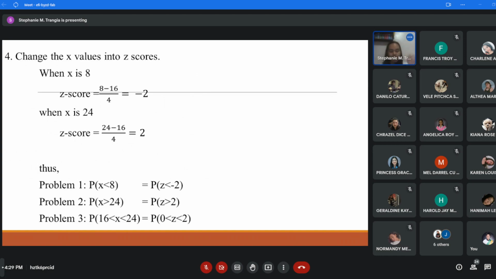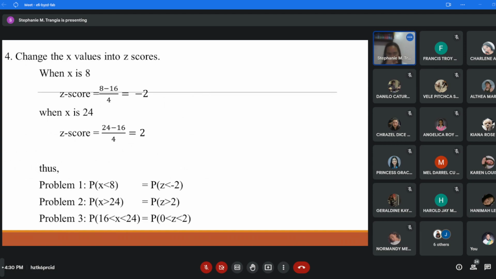So now, from a normal distribution with any mean other than 0 and standard deviation any value other than 1, we have probability of x lesser than 8. It becomes a z-score with a mean of 0 and a standard deviation of 1. So from probability of x lesser than 8, it becomes probability of z lesser than negative 2.